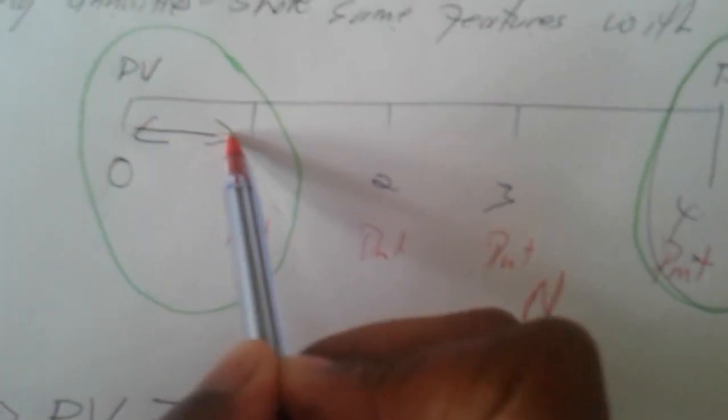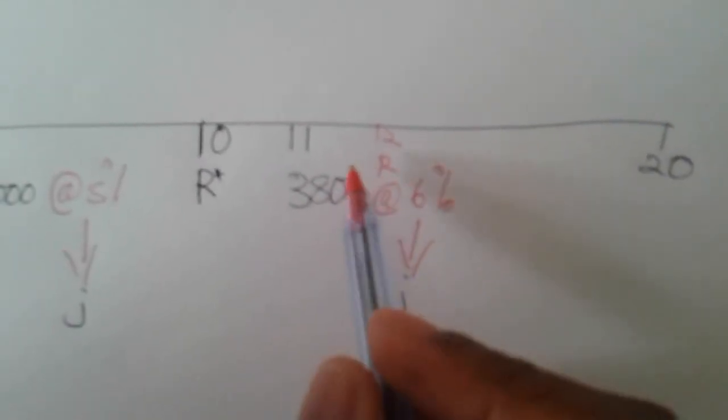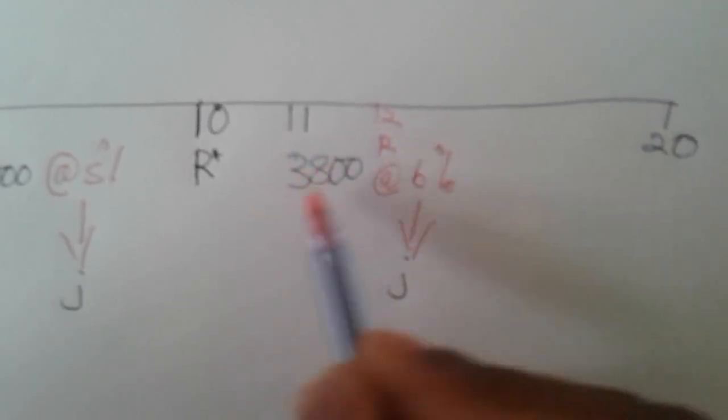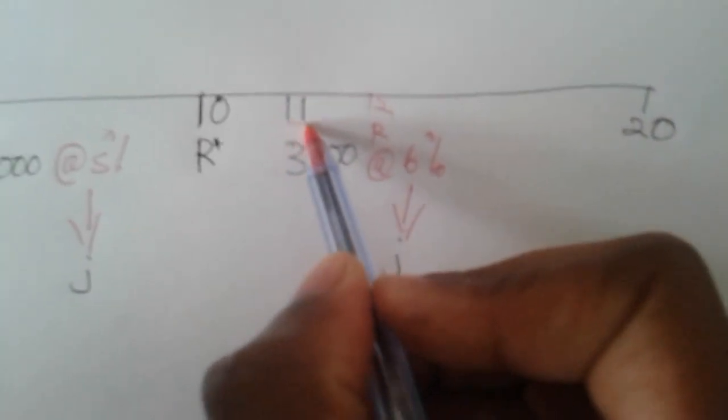One of those features is that the first payment is always 1 period apart from the present value. Now, if you keep this in your mind, you now come here. Where's my first payment? It is at 11. So obviously my PV cannot be at 0, but it's only 1 period apart.